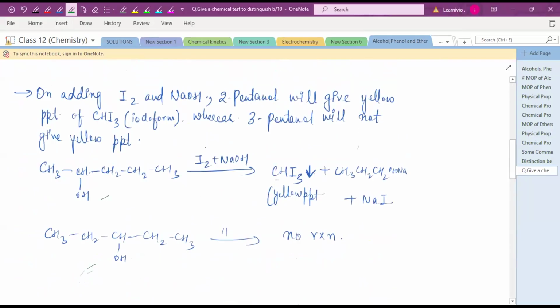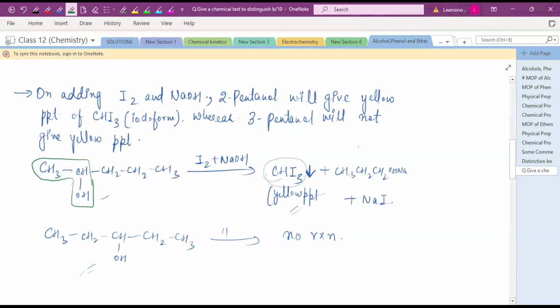Now let's check it. When you add I2 plus sodium hydroxide, what you have to check is the necessary group, the condition. For the iodoform reaction, OH should be attached to CH and there should be one methyl group. This group is present, so it will give a positive iodoform test and form the yellow precipitate, which is iodoform, CHI3, from one carbon.